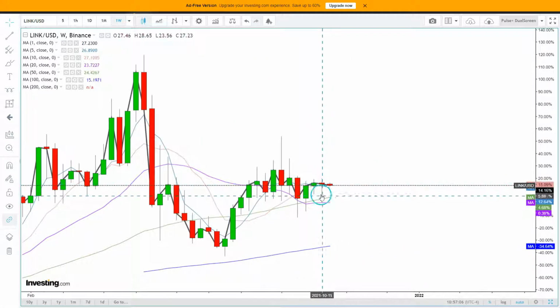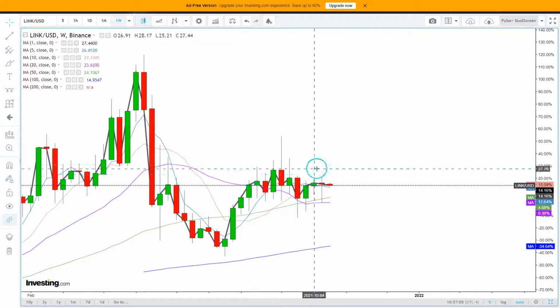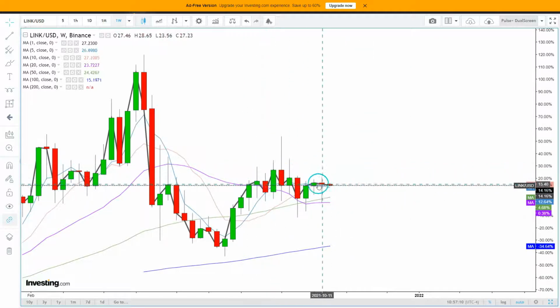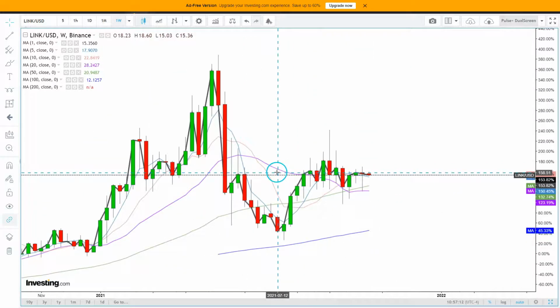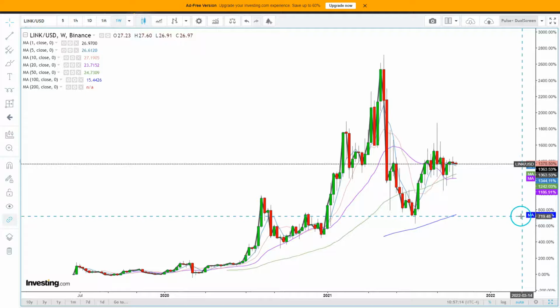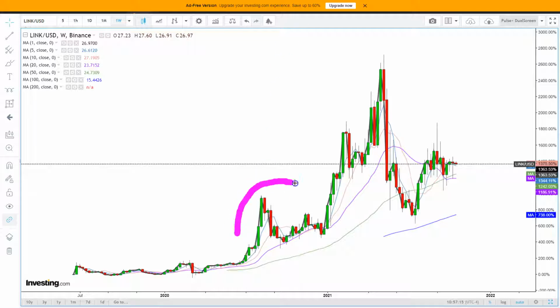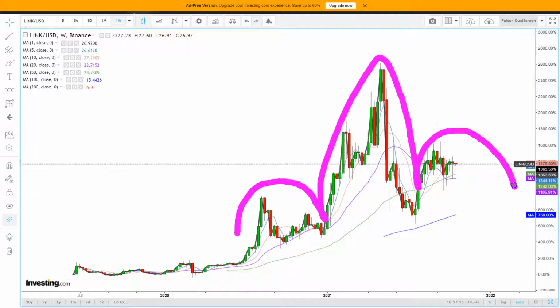When we zoom in a bit here, we do see, when you look at the most recent candlesticks, that there is clearly some exhaustion here for the bulls. They are struggling a bit. You could make the case that this looks a bit like a major head and shoulders pattern.